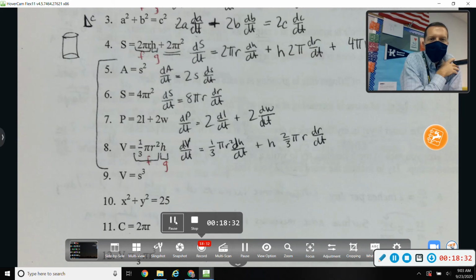Or check me, make sure I did them correctly. Questions, comments, concerns? Are we good? Especially that last one, the product rule is tricky with these sometimes.